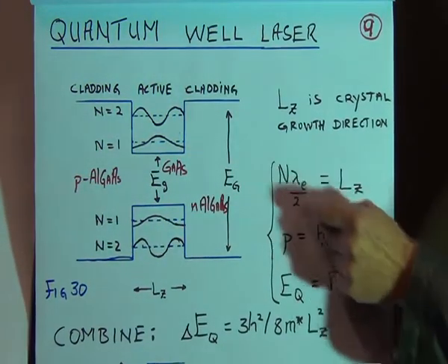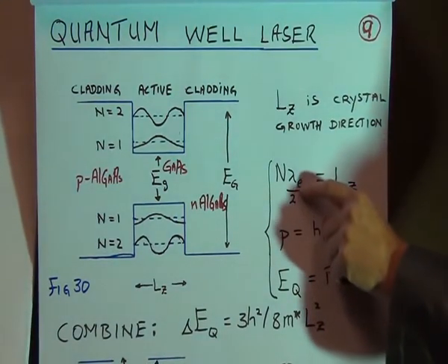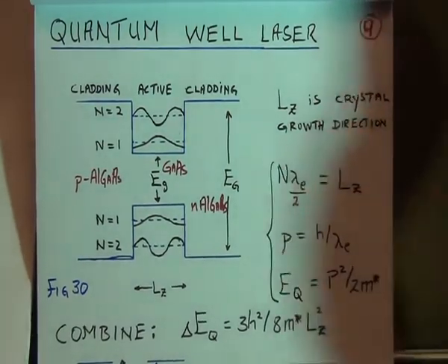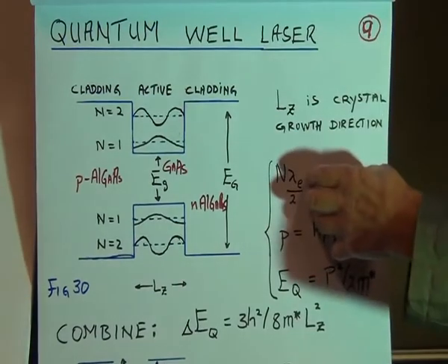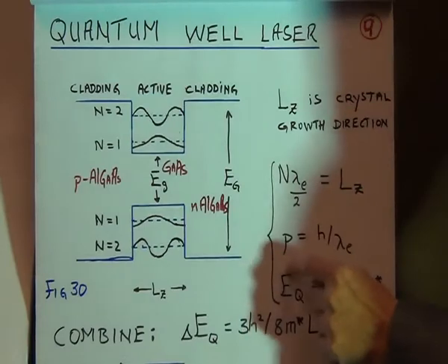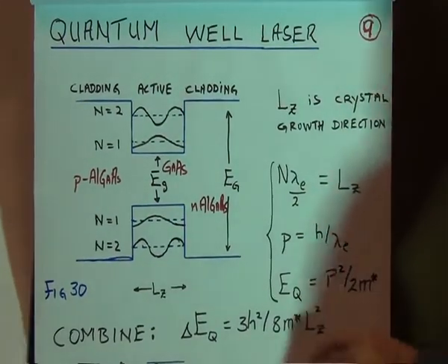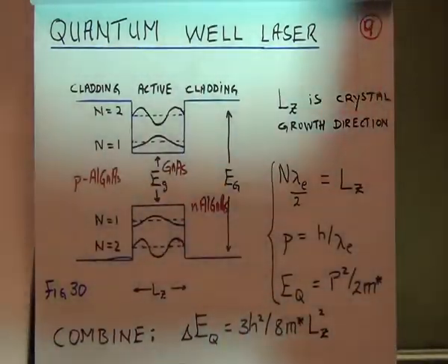So n, an integer of half wavelengths, now this is the wavelength of the electron, not of the light, must make up the thickness of the active layer. That sets the quantization condition, that integer n. Okay, because that must agree with these other equations. The momentum is h over the wavelength, de Broglie, okay, and the energy is p squared over 2m.